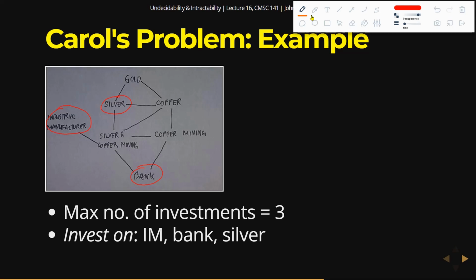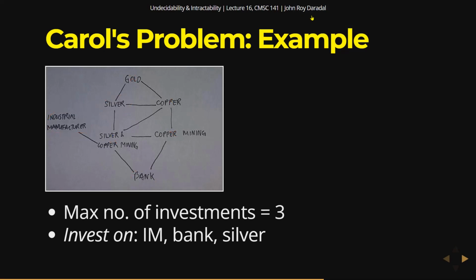It's also not related to the bank, right? Now let's try if we could add one more. If we add gold, it's not possible because it's already related to silver. If we added copper, it's also related to silver. Copper mining is related to the bank. Silver and copper mining are related to all three, so it's not possible. So 3 is the most that you can have for this one.